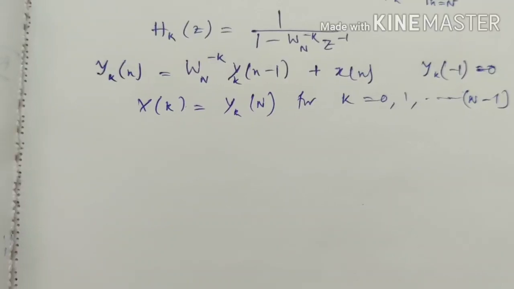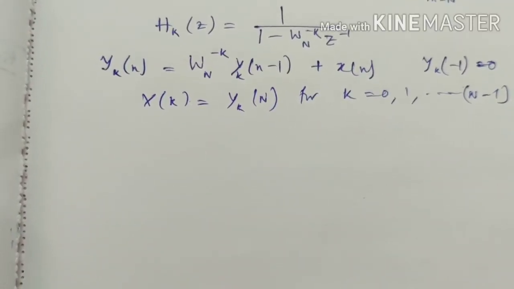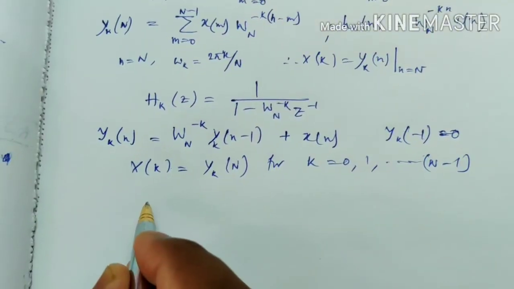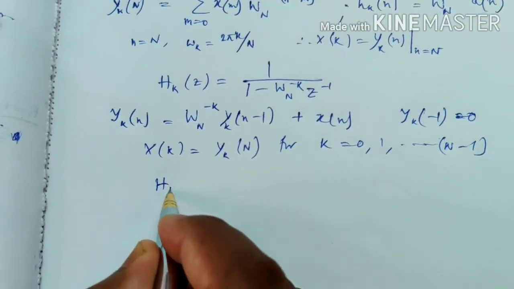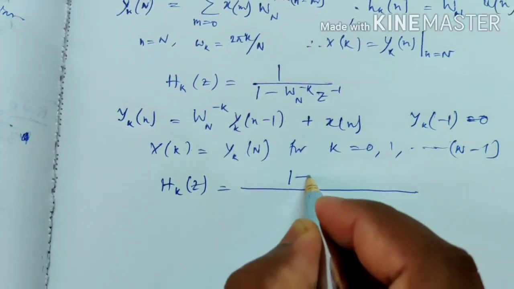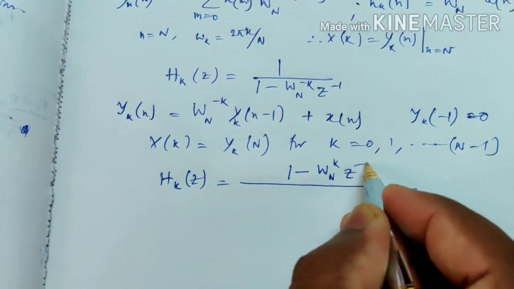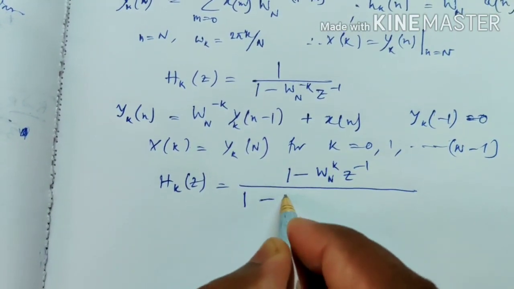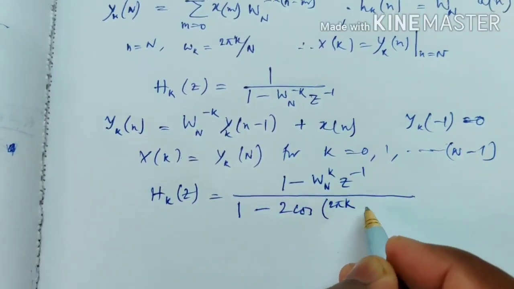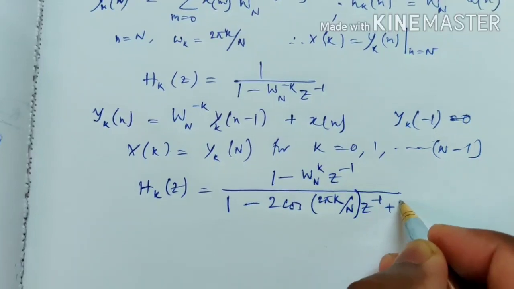This leads to a two-pole filter, with system function of the form H_k(z) equal to 1 minus W_N^k z to the power minus 1 over 1 minus 2 cos(2 pi k by N) z to the power minus 1 plus z to the power minus 2.